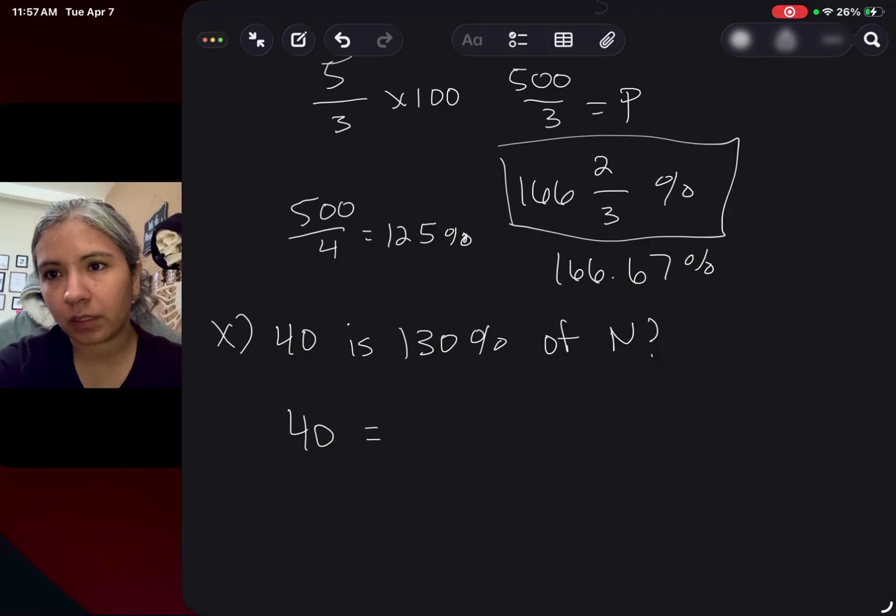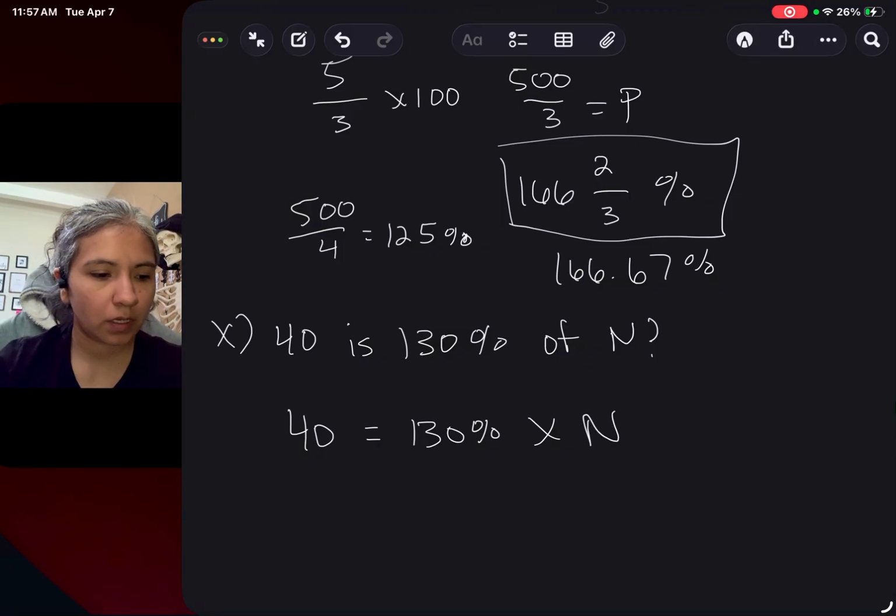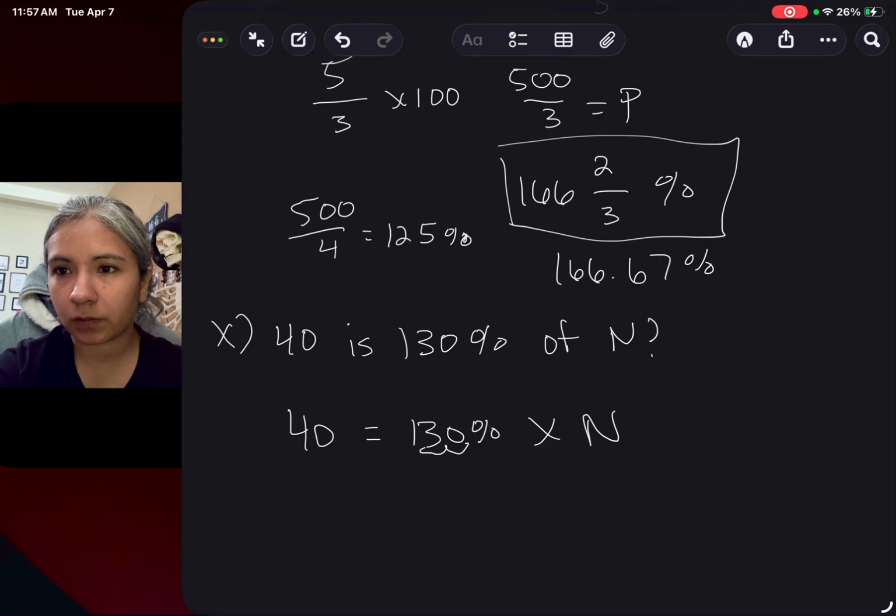So 40 equals 130% of some number, right? But we need to convert this percent. This time we're going to convert it into a decimal, which we divide by 100, or move it over 2, so 40 equals 1.3 times n.